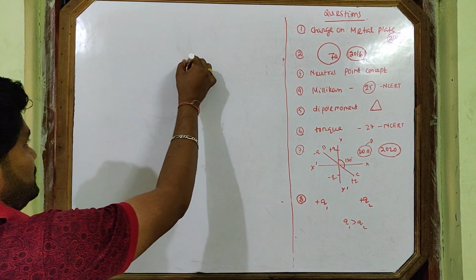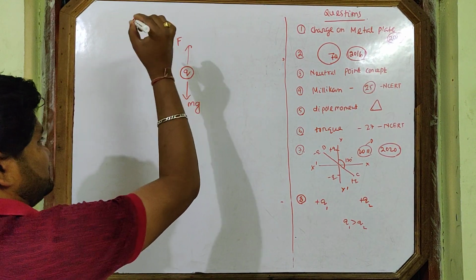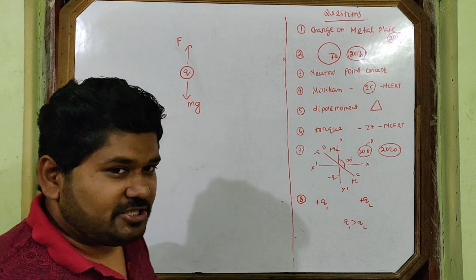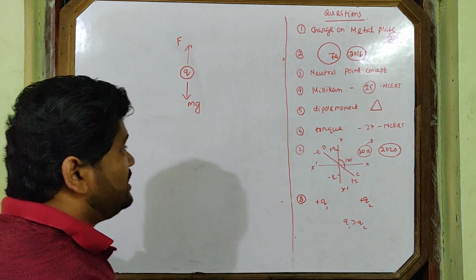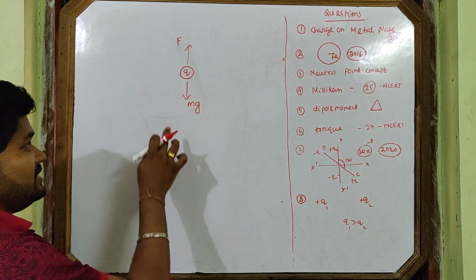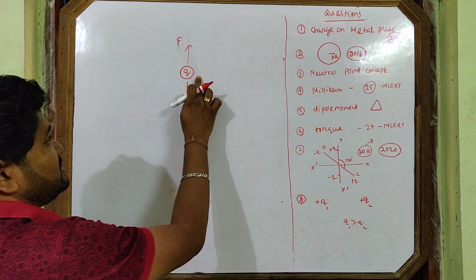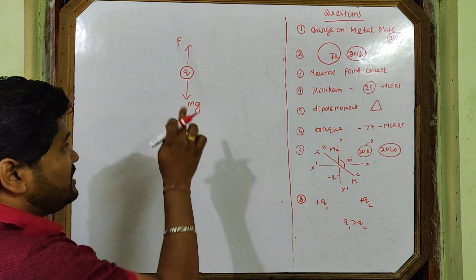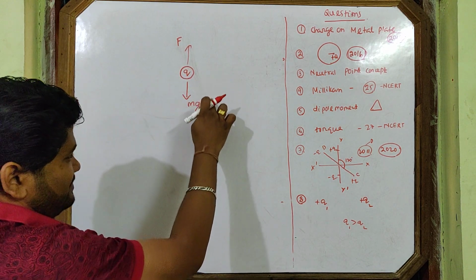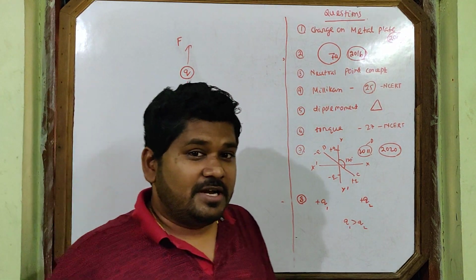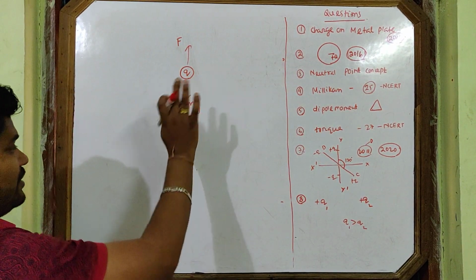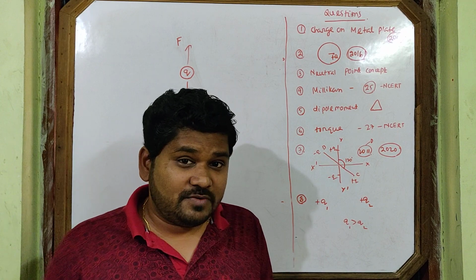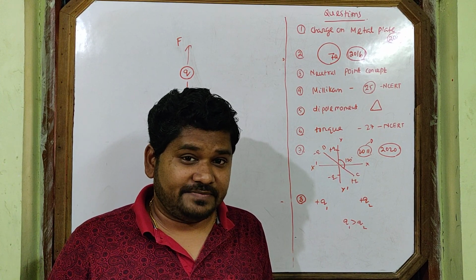So here force must act in this direction to cancel mg. Otherwise free suspension is not possible. If the charge is positive, then the electric field also will be in that direction. If the charge is negative, the electric field will be in the downward direction, because for a negative charge, force and electric field are in opposite directions. Okay, now forget about the electric field direction, but in some questions, the electric field direction will be given.